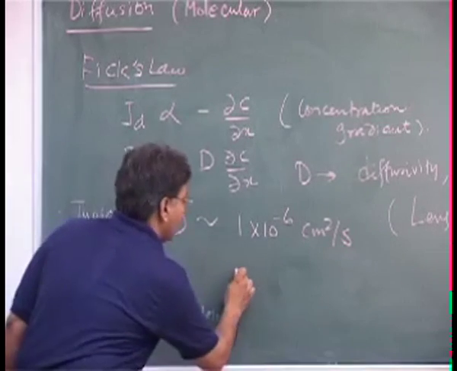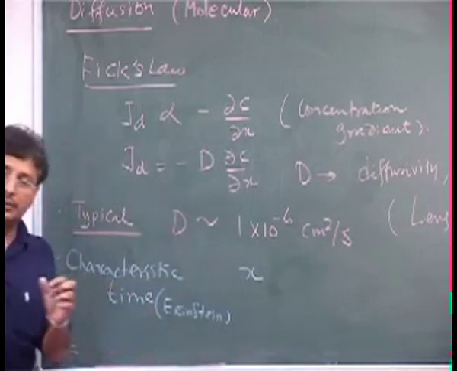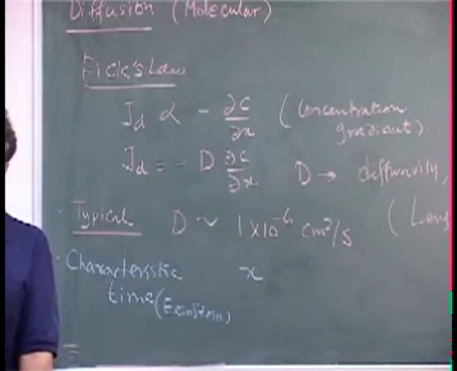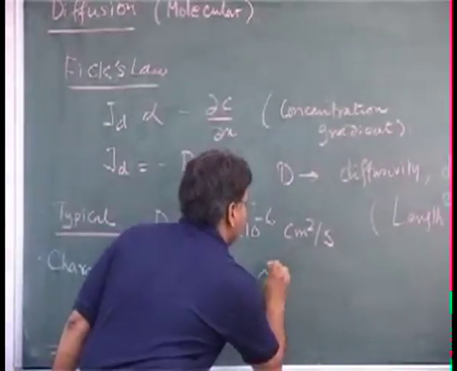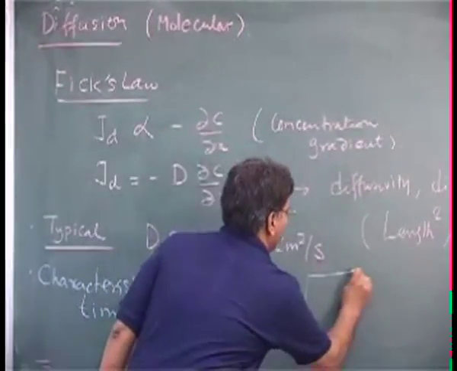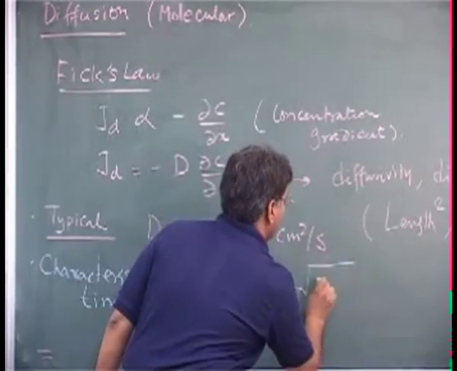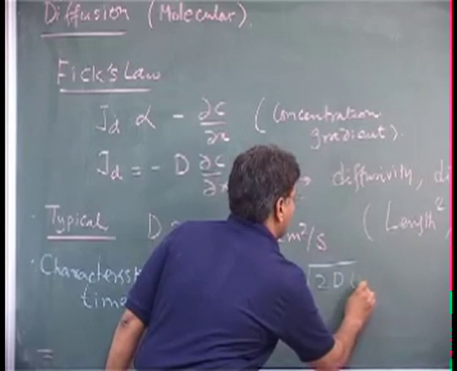He said that the typical distance of diffusion, how far the thing will go, is of the order of 2 times the square root of Dt.